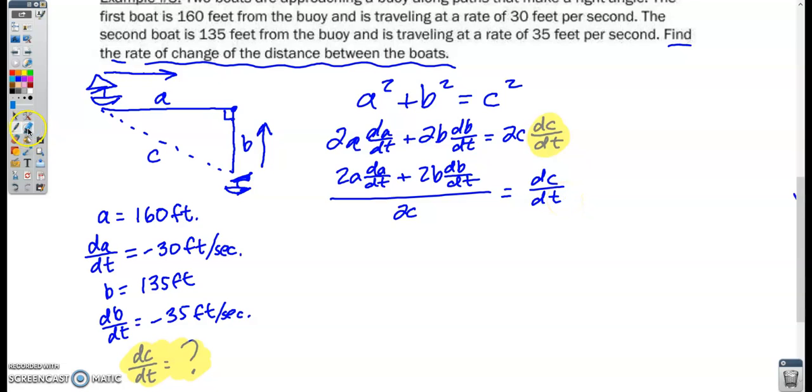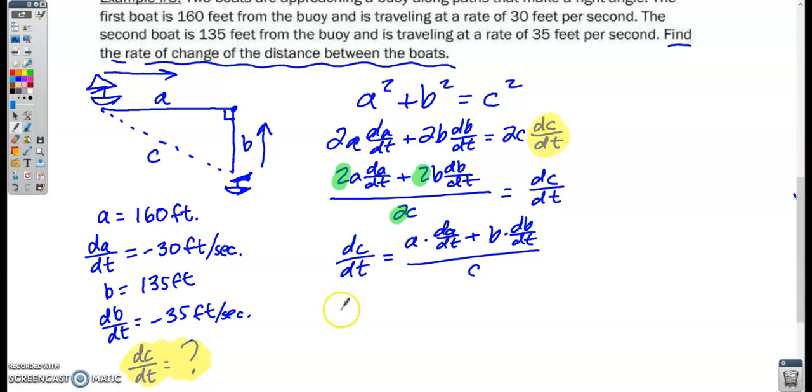And since I have a 2 in every single one of these, I'm going to cancel those 2's out just because it's one less thing I've got to worry about. And I'm going to write dC/dt is equal to a times dA/dt plus b times dB/dt all over c. And now I just need to substitute the values in order to get dC/dt.